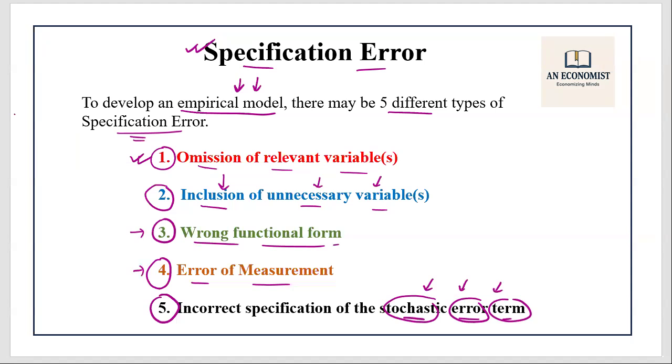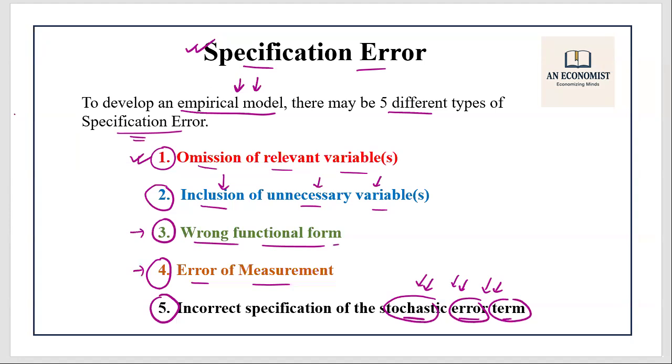No econometric model is absolutely deterministic. One-to-one relationship is usually not observed in real life scenarios because there are several variables affecting the outcome variable, or the dependent variable. And to capture those real life complexities, you need to include some stochastic error term in your model. We have discussed this many times before.